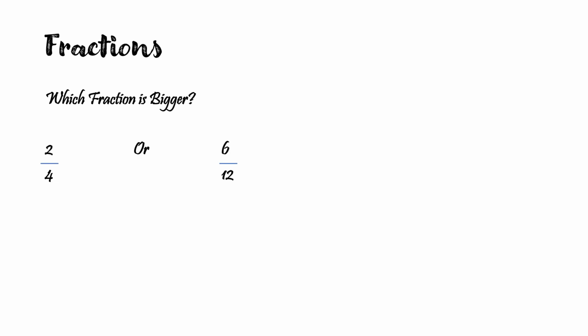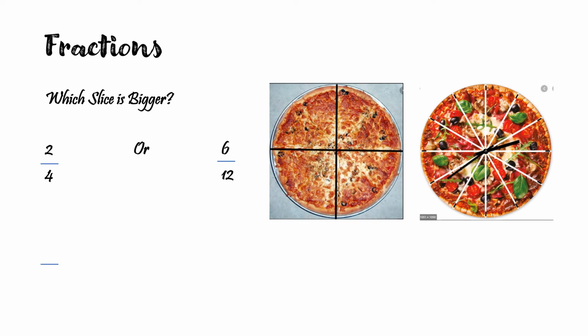Let us look at the next fraction. 2 by 4 or 6 by 12. Which fraction is bigger? Can you think? You have got a pizza cut into 4 slices and you eat 2 slices of it. You have cut a pizza into 12 equal sizes and you eat 6 of it.